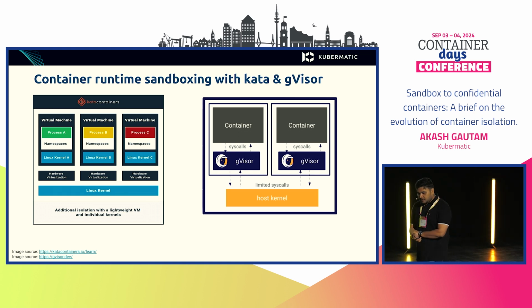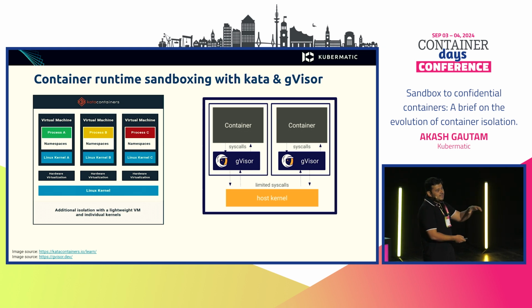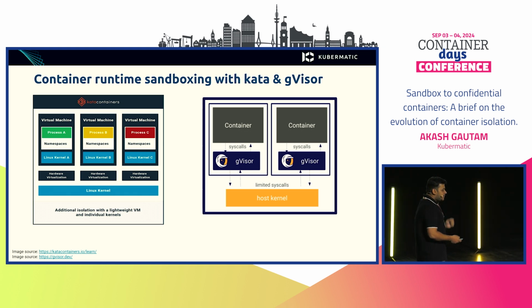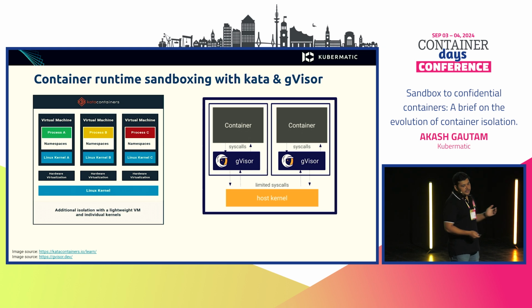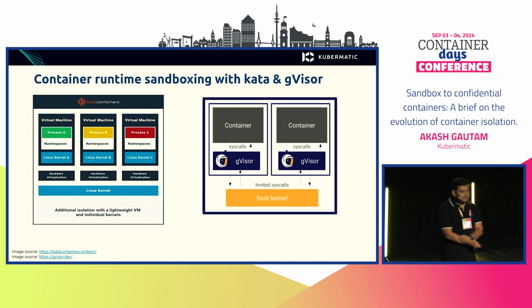Another tool in this space is gVisor. So gVisor basically puts each pod in a sandbox that has a kernel running alongside the processes in the user space itself. gVisor is written in Go. It runs with the containers in the user space itself. They call it a user space kernel. It doesn't require any kind of virtualization, unlike Kata Containers.